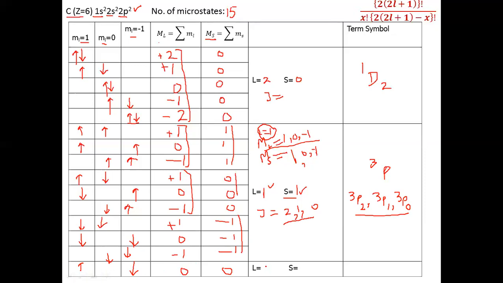It corresponds to L0 S0. So it is 1S0. So these are 1S0, 3P2, 3P1, 3P0 and 1D2. These are the term symbols for ground state P2 configuration or for carbon.